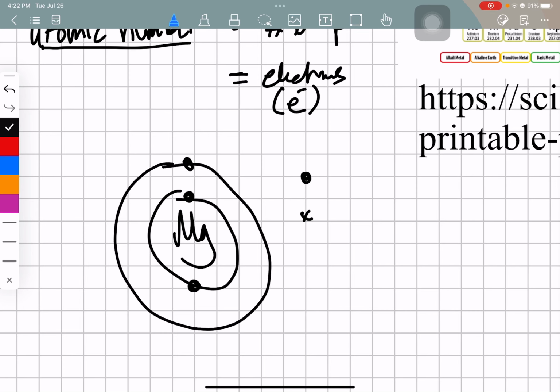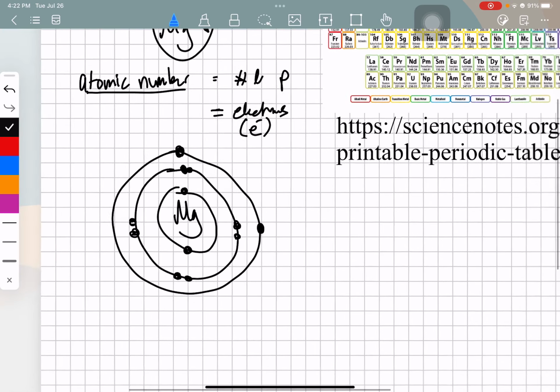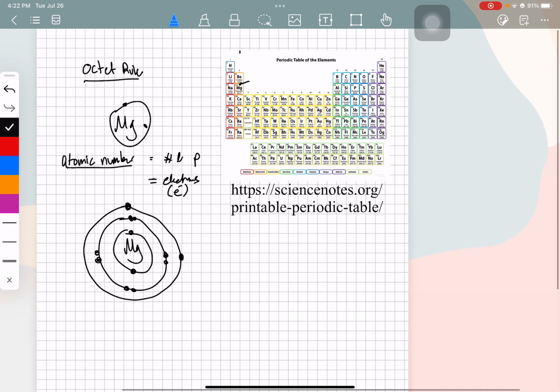Then you have 1, 2, 3, 4, 5, 6, 7, 8. The second, bigger shell takes about 8. And the last one, 1, 2, and that's your 12. Those are the valence electrons. We know it's true because it's period 2.